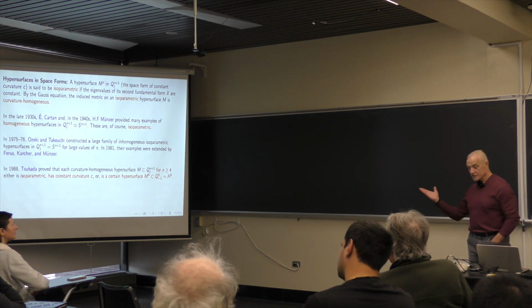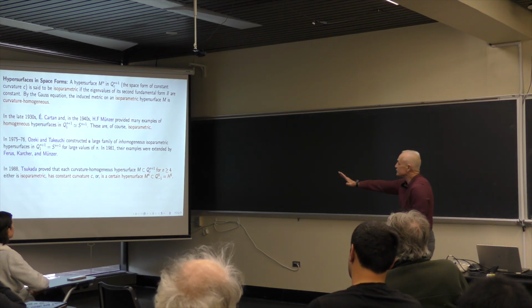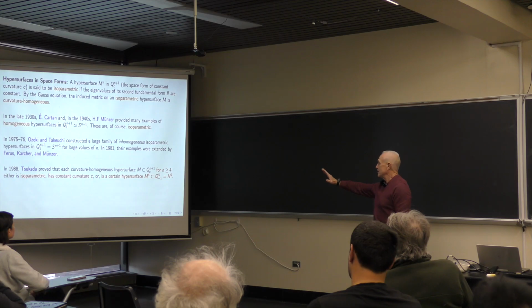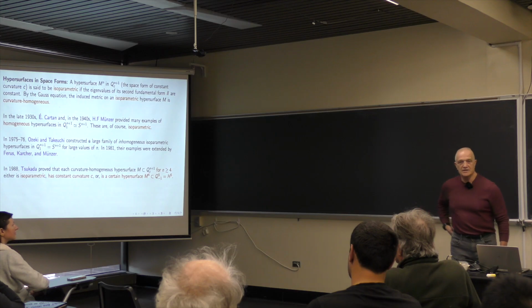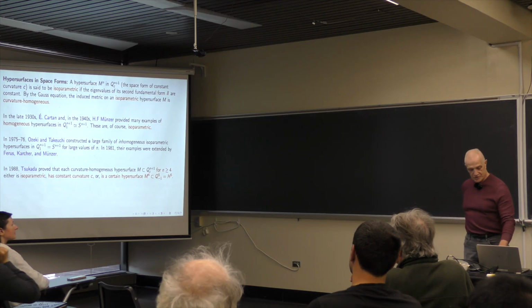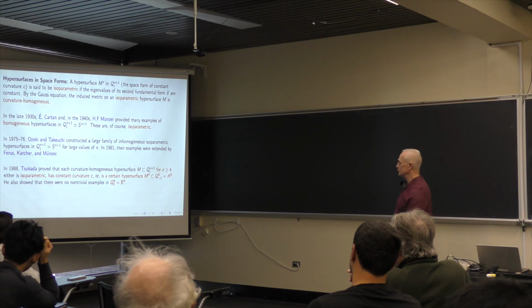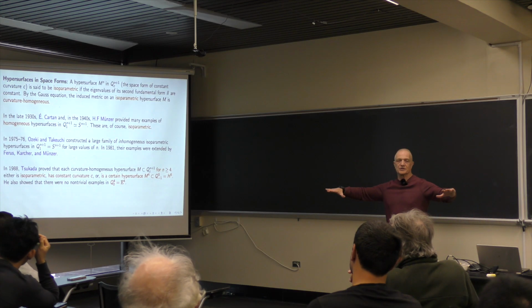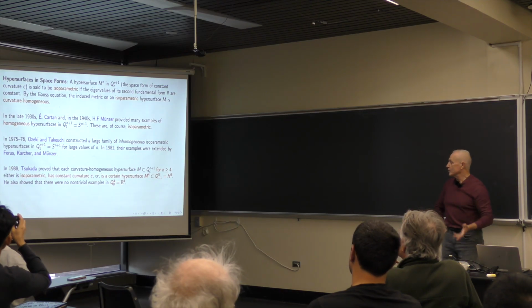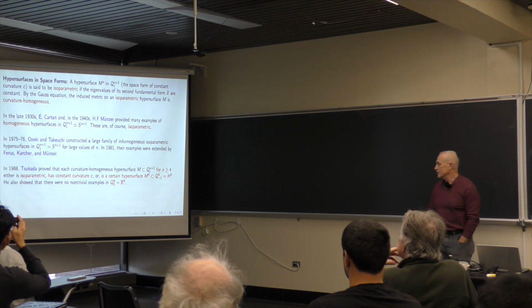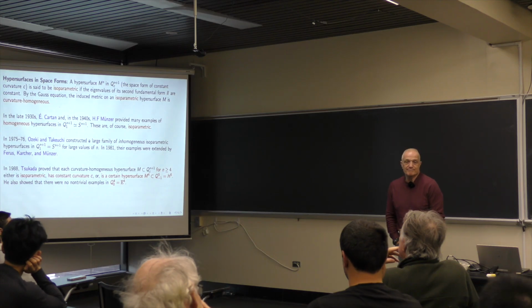But he couldn't figure out what happened in dimension 4. That is, for a 3-dimensional manifold sitting in S4. As we'll see, that turns out to be a tricky question. But he did show that if it's in a space form of 0 curvature, then the only way to be curvature homogeneous is to be isoparametric.